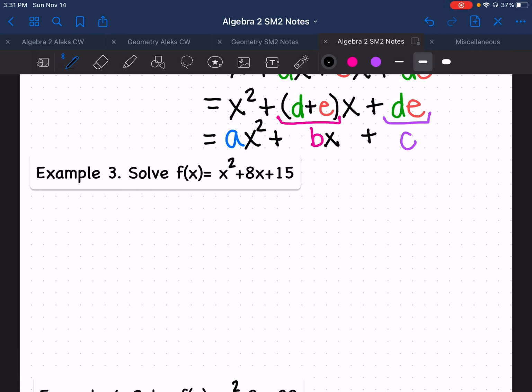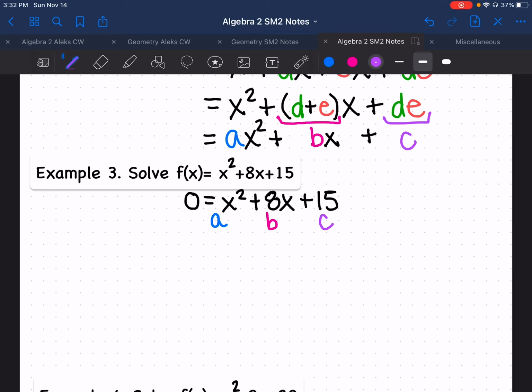Now, normally when we have to solve by factoring, we're going to take that f of x and set it equal to 0. We're then going to want to identify our A term, our B term, and our C term. Now, I know that the A term is, of course, 1 in all of the 3 examples that I'm going to do today.